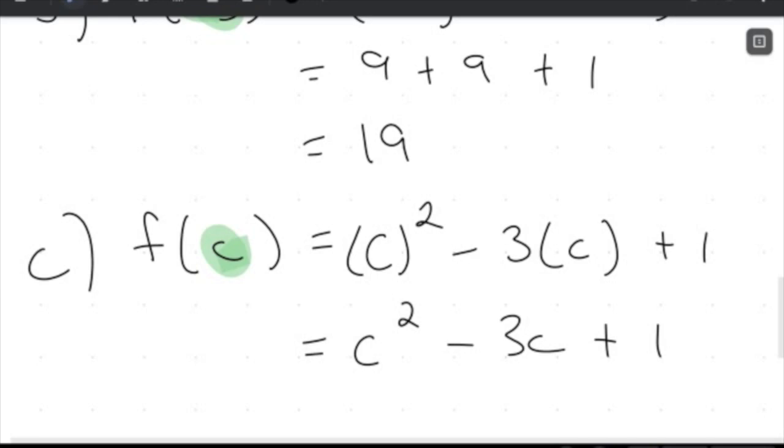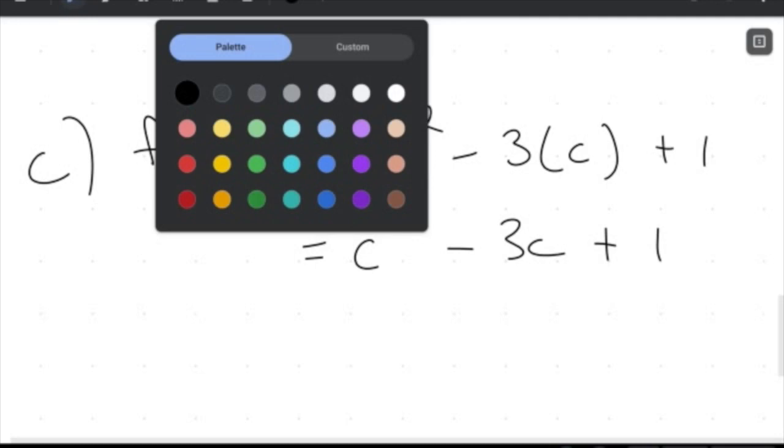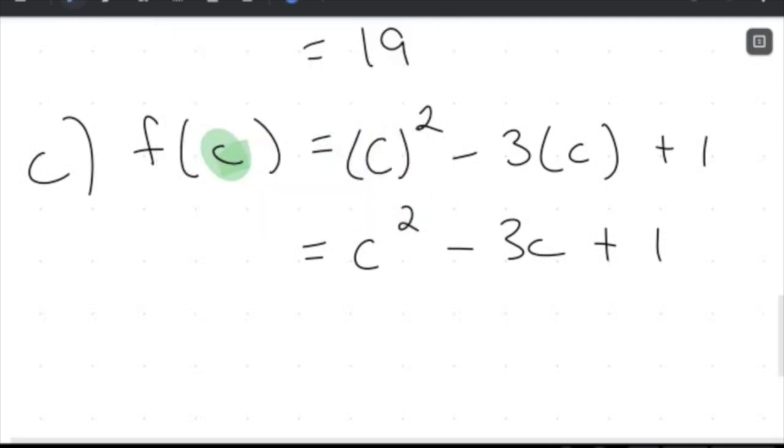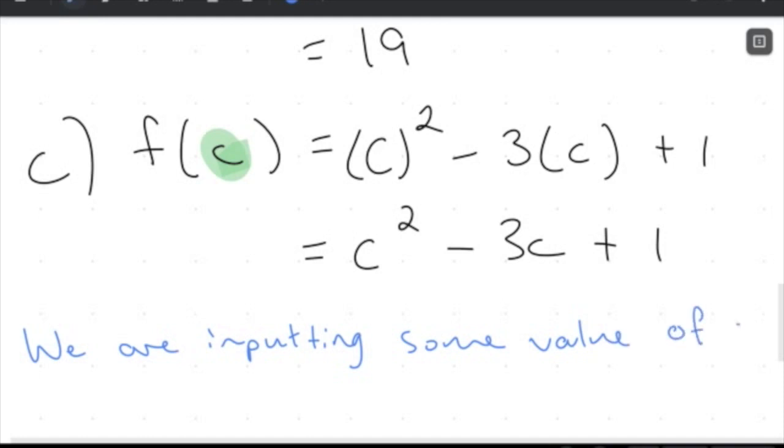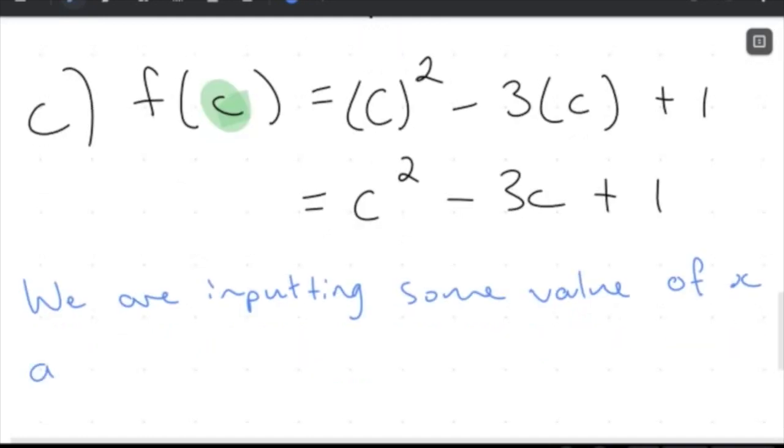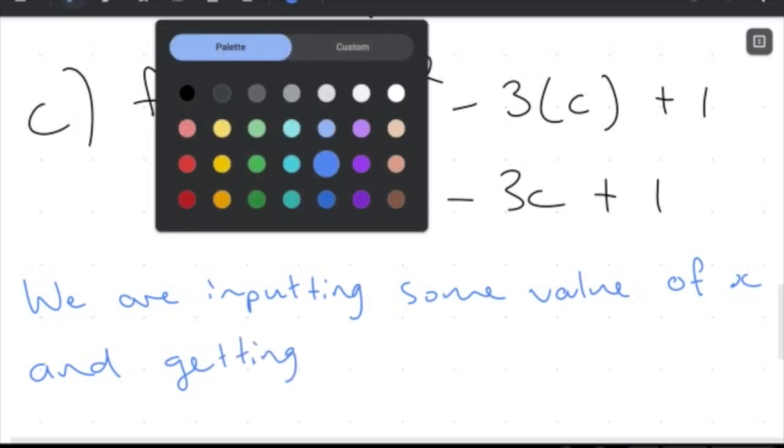So all we are doing with all of these things is we are inputting some value of x, and getting out some value of f of x.